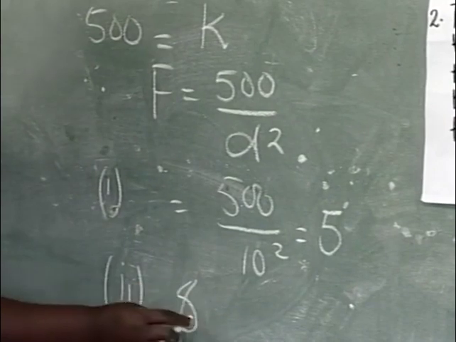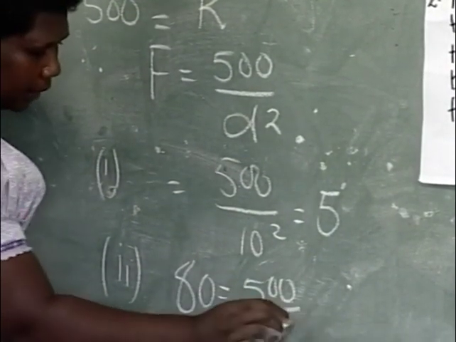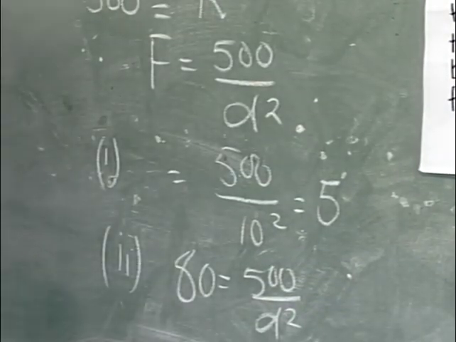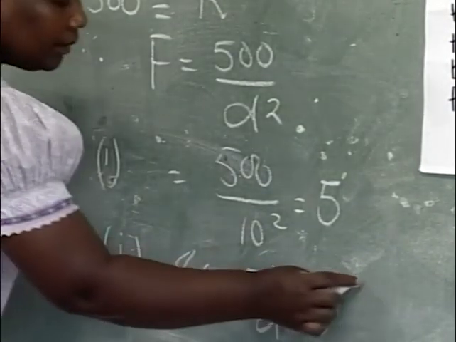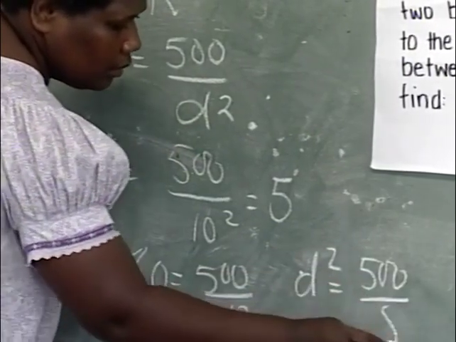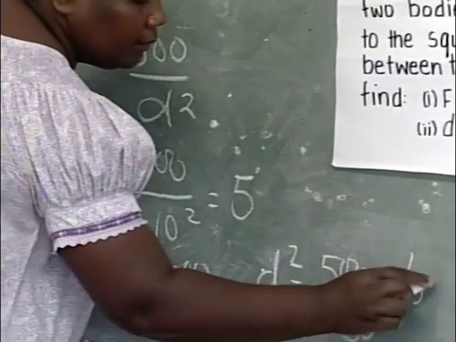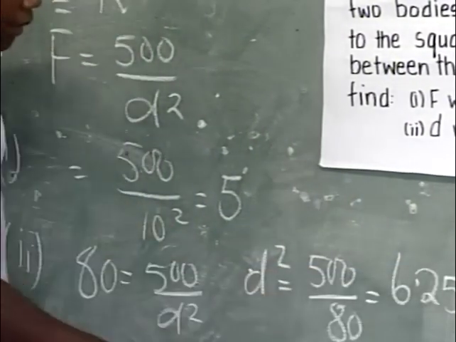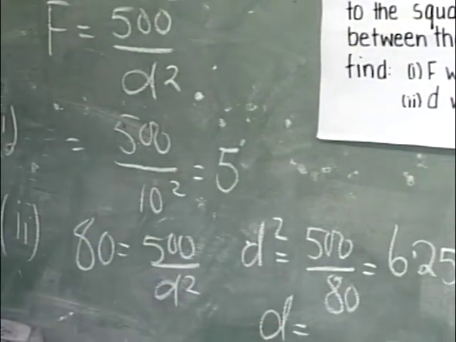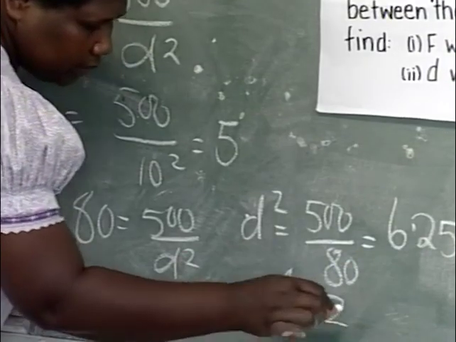So 80 equals 500 over d squared. If you divide 500 by 80, we get 6.25. And d is equal to the square root of 6.25, which is 2.5.